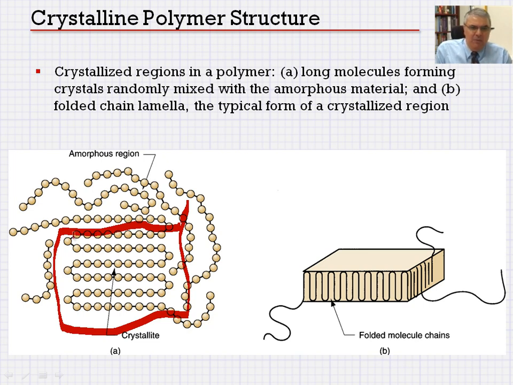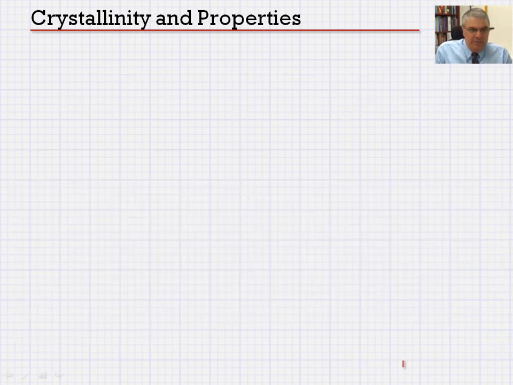Somewhere in between, we are going to have a long molecule that is folded together, and that's really what this is all about. And then in the particular crystalline region, we are going to have something that has formed a crystal, as you can see, part B under here.